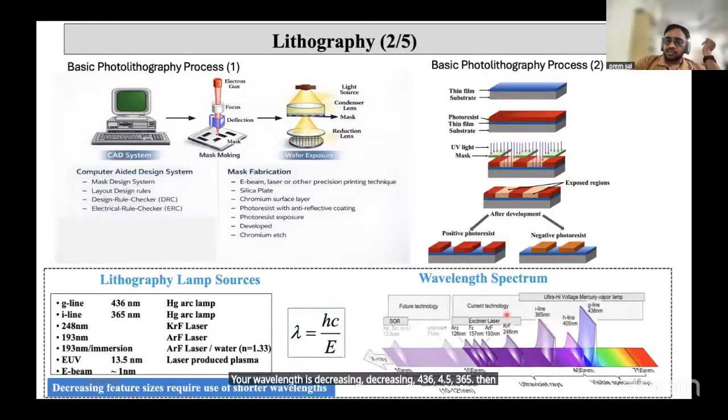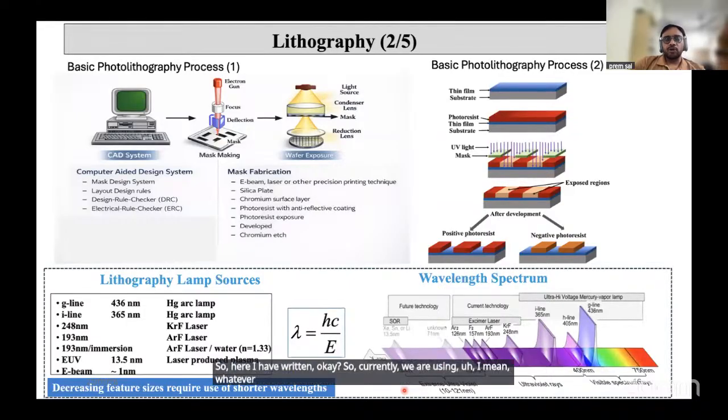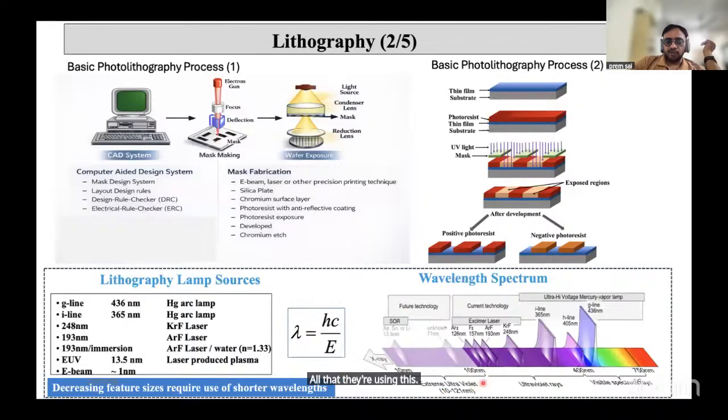Then there is something called laser, whose wavelengths are 248, 193, 157. So here I have written it. Currently, for FinFET and gate-all-around, the industry is using extreme ultraviolet technology, which is 13.5 nanometer.